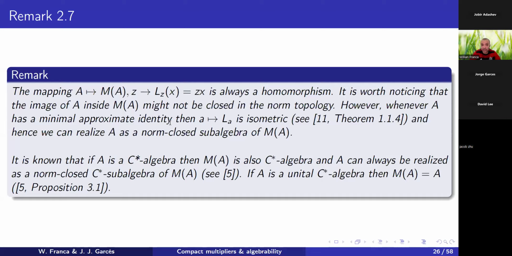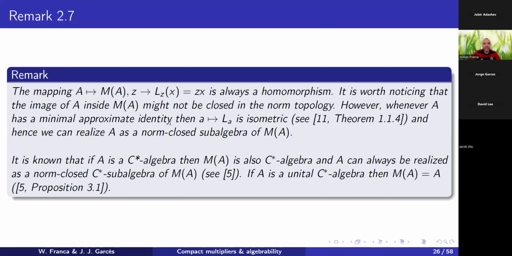The other thing we should mention is the following. If A is a C-star algebra, then M(A) is also a C-star algebra. So we can also interpret A as a norm-closed C-star subalgebra of M(A). And another thing we should mention is that if A is a unital C-star algebra, then the multiplier algebra of A is A itself, so you're not obtaining anything new.